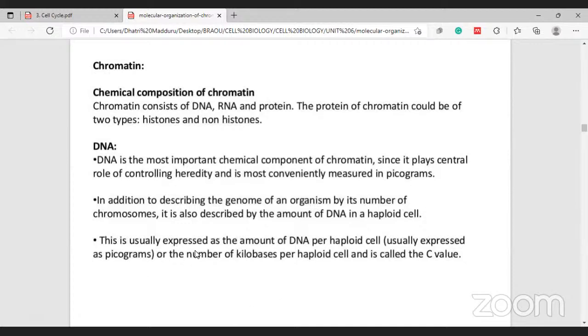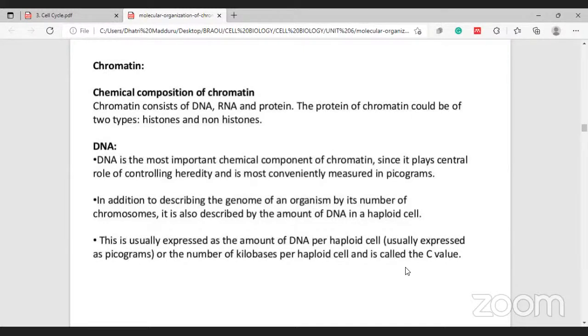In addition, the amount of DNA per haploid cell, or the number of kilobase pairs per haploid cell, is given as C value. This is important. So we have a concept called C value paradox. The C value varies from organism to organism. Normally we have a diploid set of chromosomes, that is 2 copies.